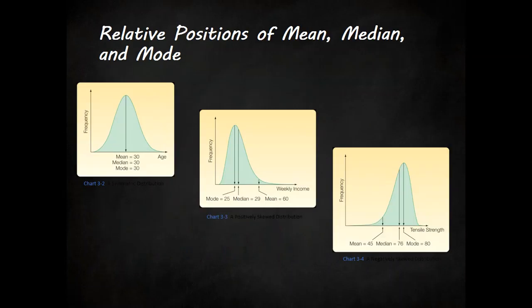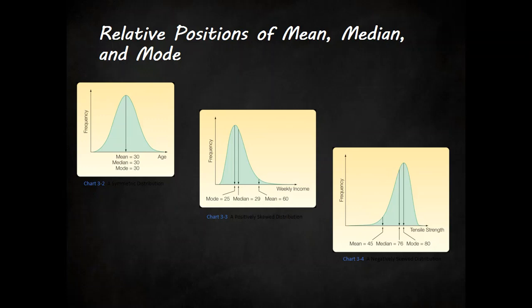This is something really important that we're going to get into a little bit later. We're looking at relative positions of the mean, mode, and median. If the mean, median, and mode are all identical, then you have a relatively normal distribution.